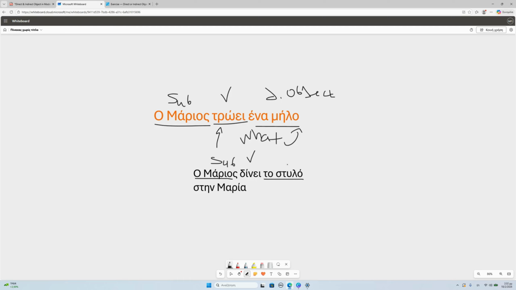Here, what Marios is giving. Το στυλό, that is the direct object. And what remains here is the indirect object, στην Μαρία. So actually we have two objects. The one is called the direct object, and the other is called the indirect object.